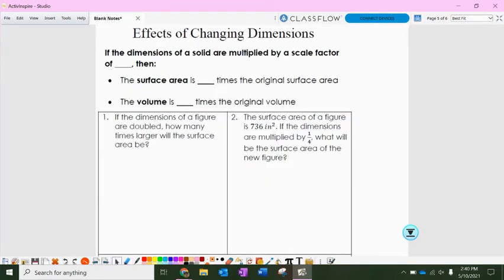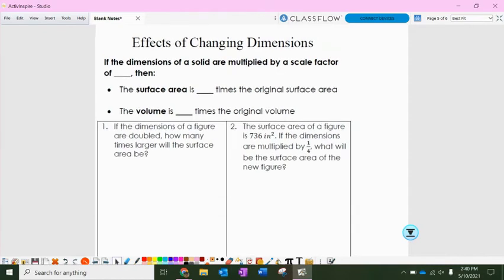What if we just change one dimension? So I think it's pretty easy on what we were just talking about, how it's A to B and then A squared to B squared for area and A cubed to B cubed for volume. But what about changing dimensions? If the dimensions of a solid are multiplied by a scale factor of K, K is usually the variable used for scale factor, then the surface area is K squared times the original surface area.